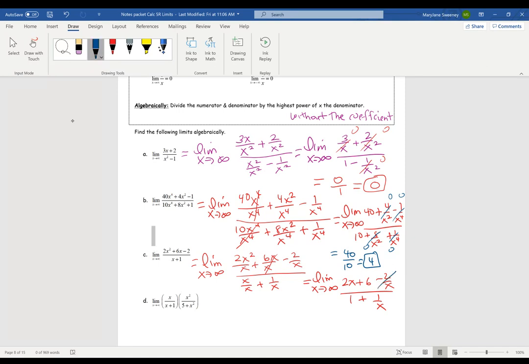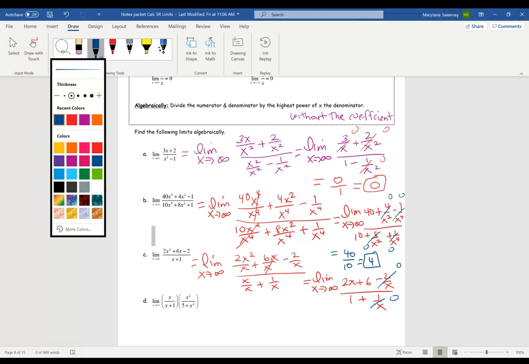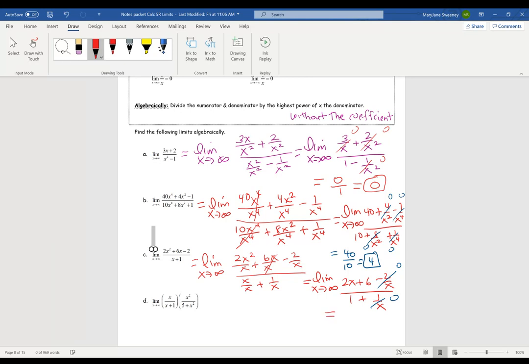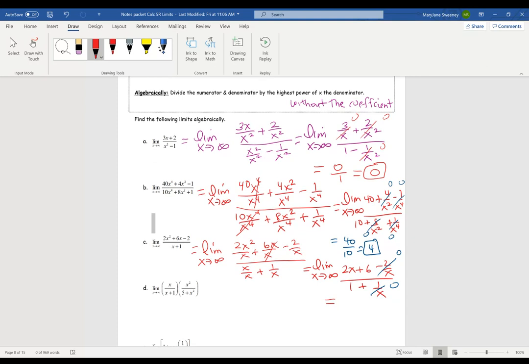Okay, this goes off to 0, this goes off to 0. Now, what we have to think about is what does 2x plus 6 do as x goes off to infinity? You could either think of that graphically, a line, 2x plus 6: as x goes to infinity, so do the y's. Or you could think about plugging in infinity: 2 times infinity plus 6 is going to get even bigger. It's going to go to infinity.